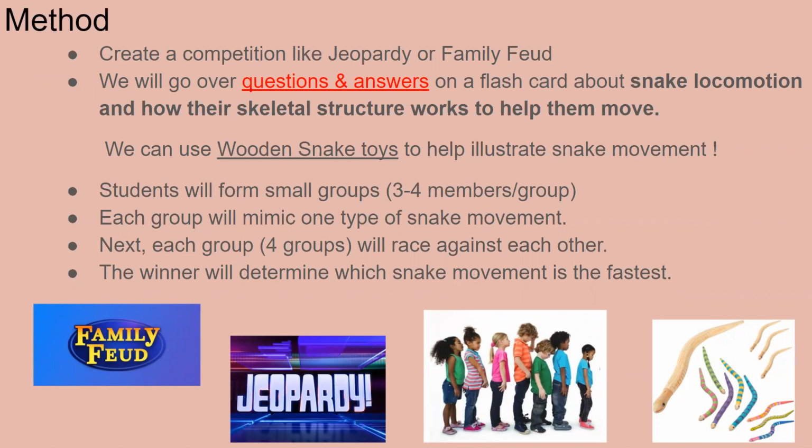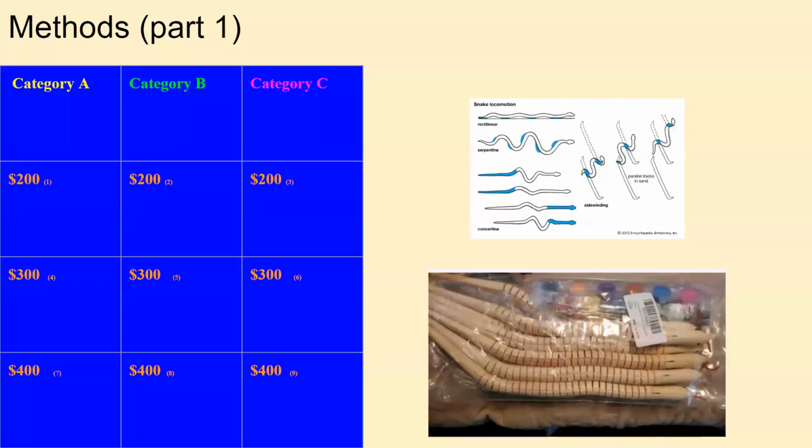So for the first part, we had a Family Feud type of game where there were categories A, B, and C, and then each monetary amount below, 200, 300, and 400, had questions pertaining to them.